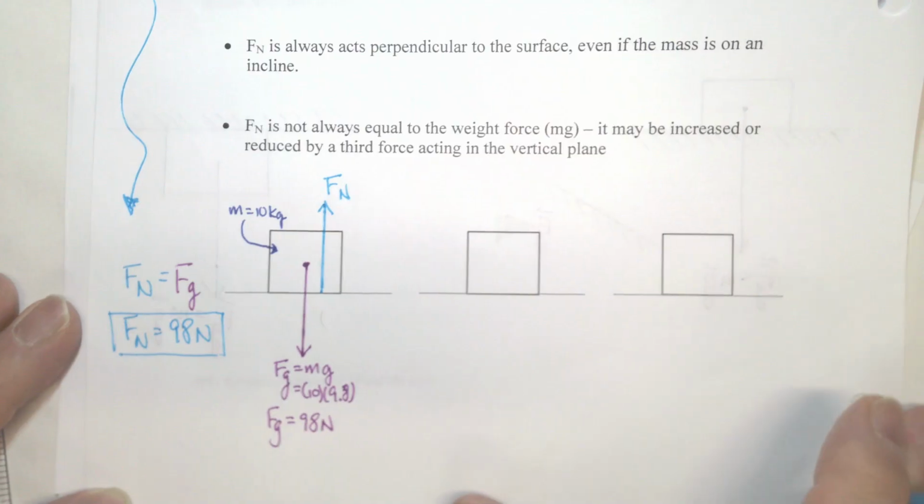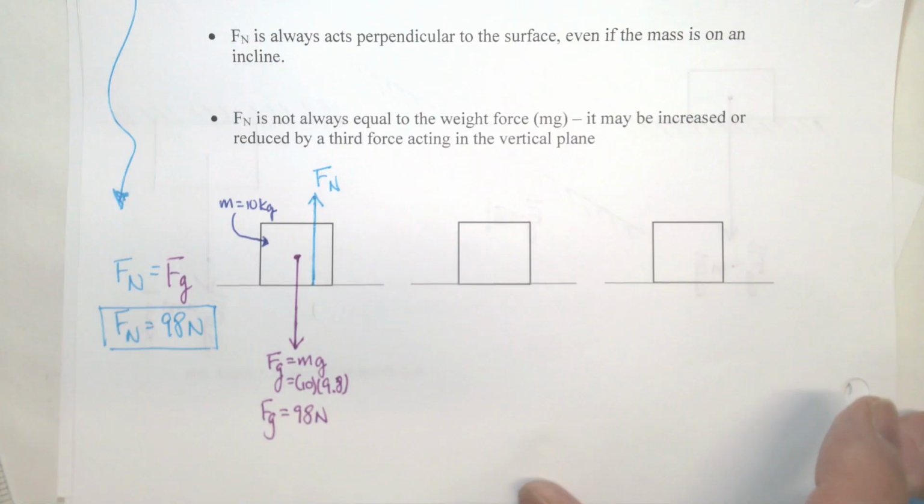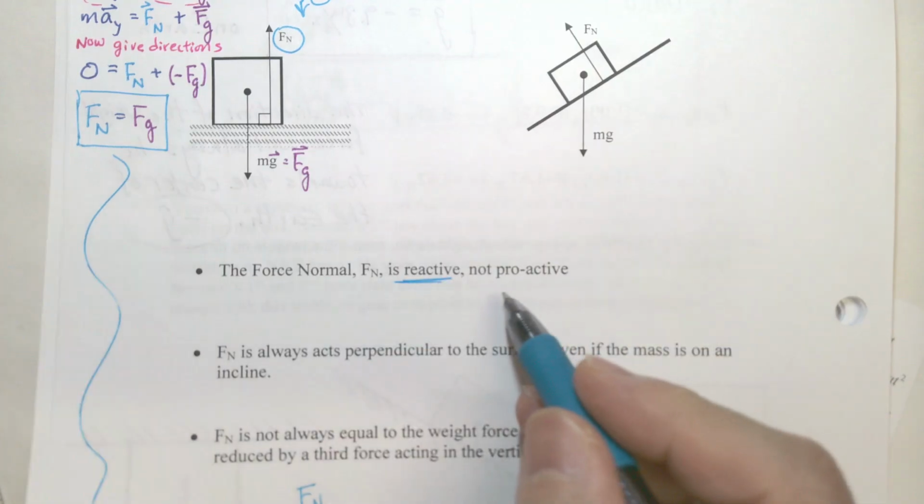So that's easy. So someone may say, well, isn't F normal always the same as the weight? And the answer is no. Because F normal is a reactive force, not proactive.